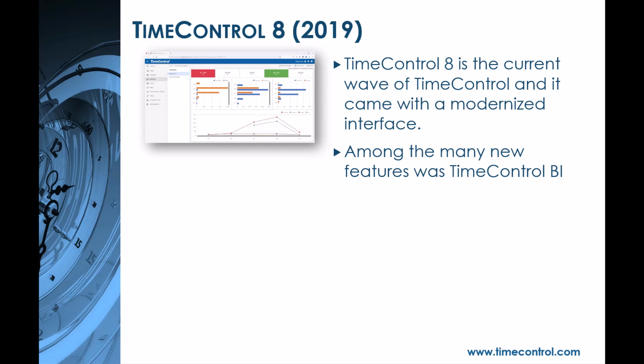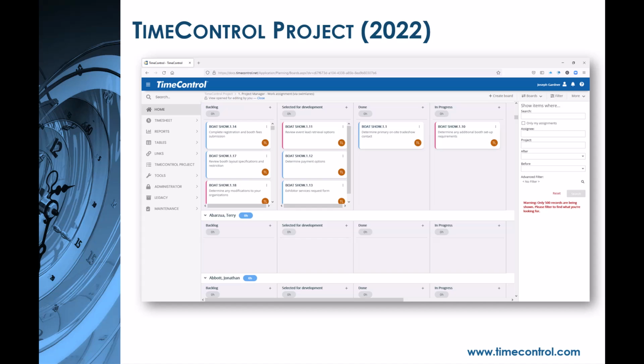And we're on Time Control 8.5 at the moment, about to release version 8.6 in the next couple of months. And each iteration, 1, 2, 3, 4, 5, up to 8, has had numerous point releases. So Time Control 8 has had 5 point releases, each with many new features. We've had over 50 releases of Time Control since version 1.0.